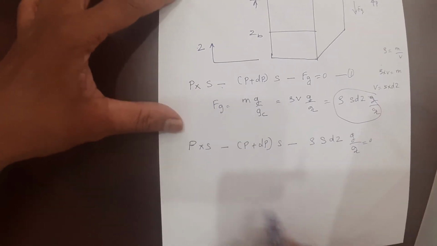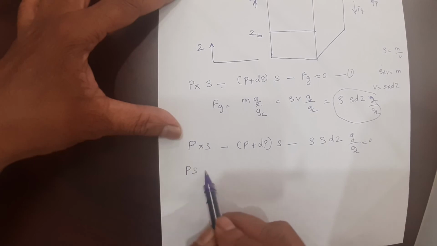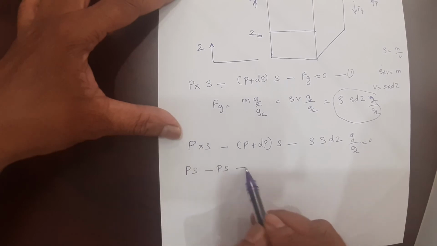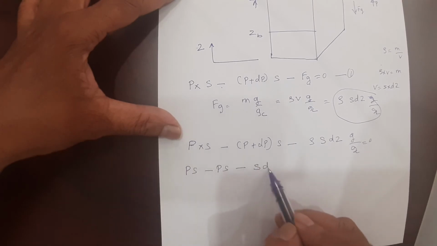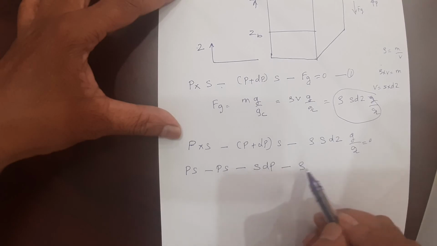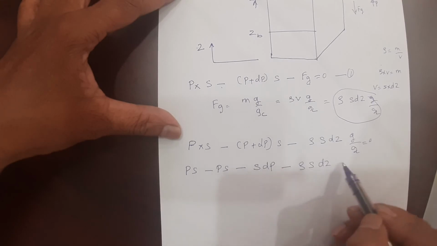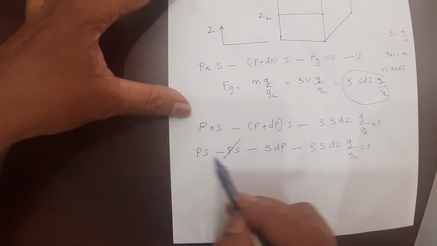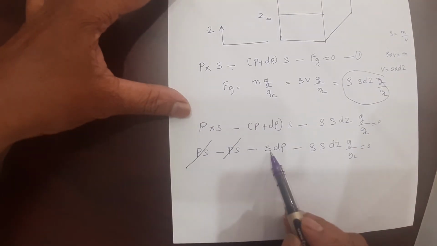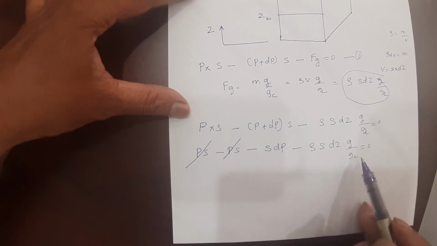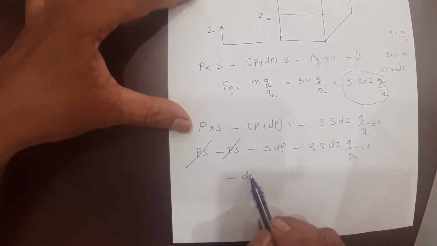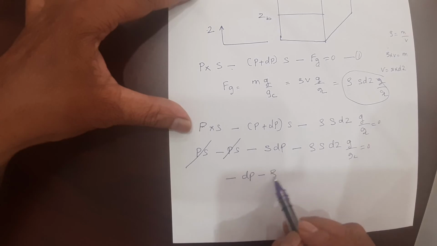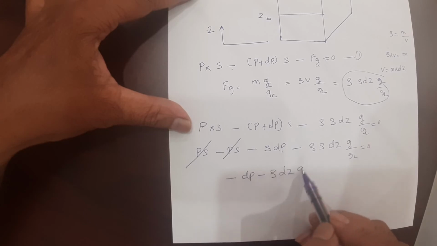Now if I expand this, it will become PS minus PS minus S into dP minus rho into S into dz g by gc is equal to 0. These two terms will get cancelled, and here we have S, here we have S, this will also get cancelled. So you will have only minus dP minus rho dz g by gc is equal to 0.